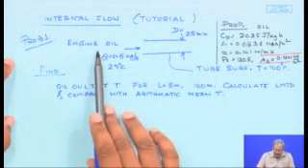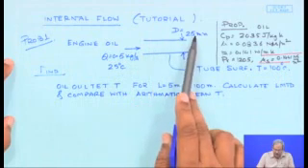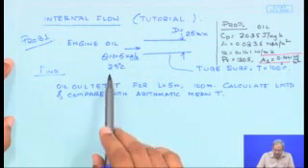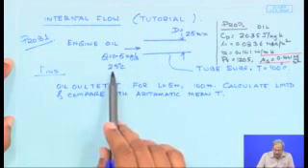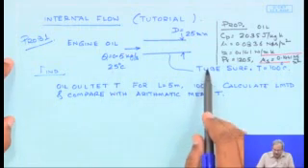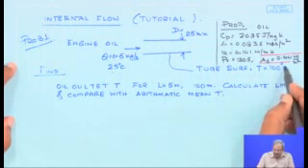So once again, engine oil flows through a tube of diameter 25 millimeter at 0.5 kg per second, the inlet temperature is 25 degrees centigrade, and the tube surface temperature is maintained at 100 degrees centigrade.